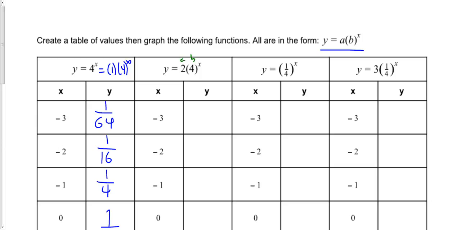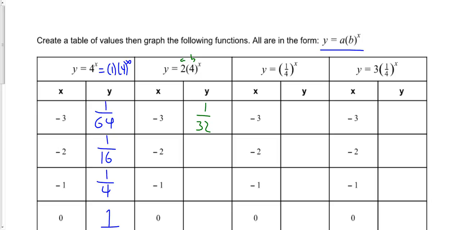In this case, I'm going to take my a value and multiply the same piece of information. So I'm going to do 2 times 4 raised to the exponent negative 3, and that's going to give me 1 over 32, which is half as big as just 1 over 64.